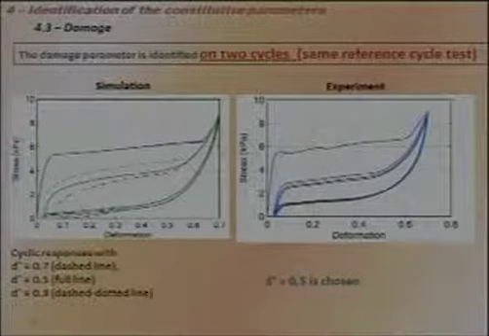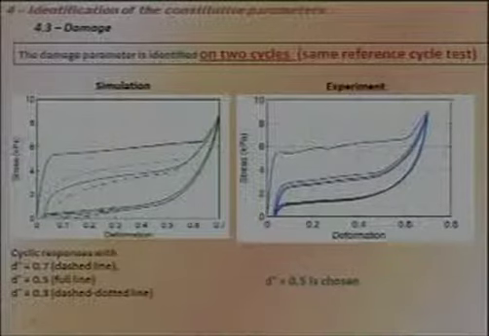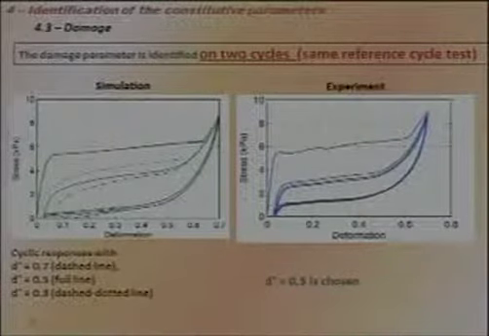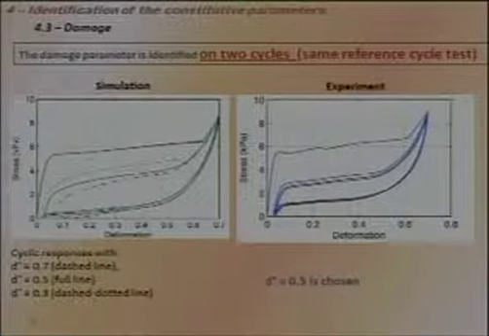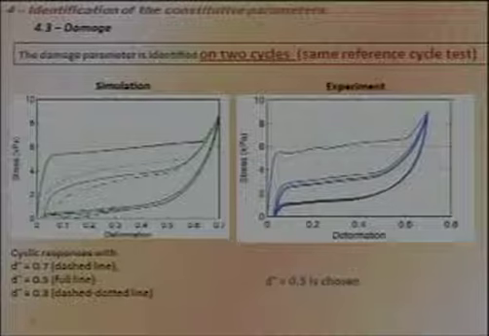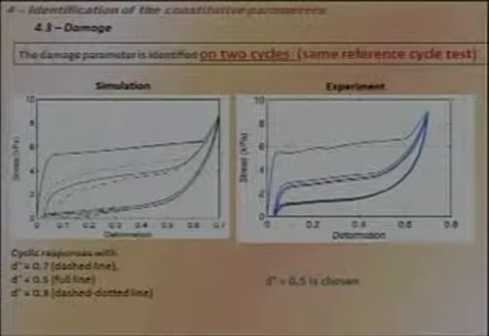And that's for different values of the maximum of damage, and d equal 0.5 gives a good description when we compare with the experiment, and in green this curve is the choice for 0.5.